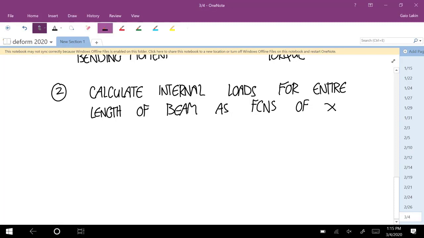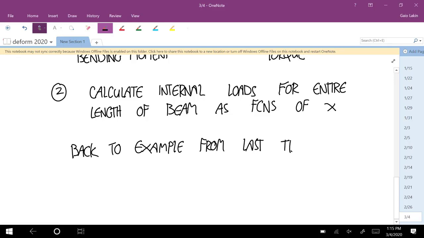Okay, so now back to the example from last time. We already calculated all the external loads.